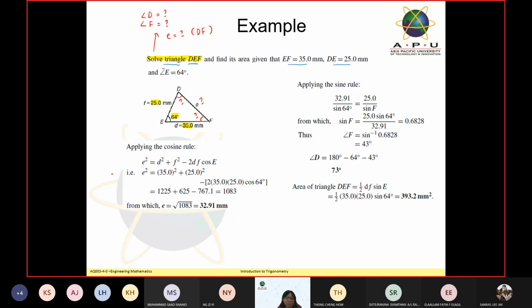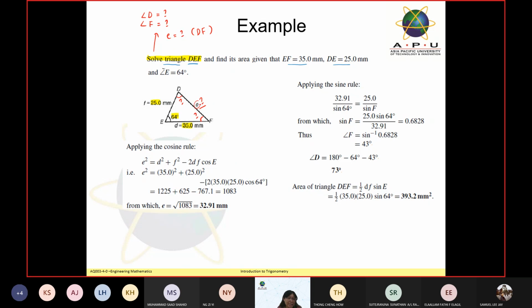So these are the three things you need to solve. Which one can we solve first? We can solve the side E. Why? Because I have two sides plus one angle, and the angle given must correspond to the side.